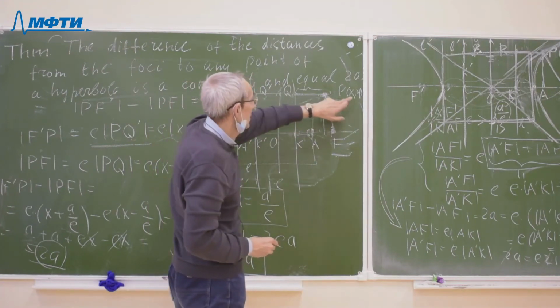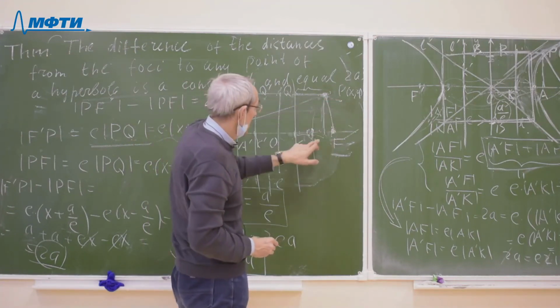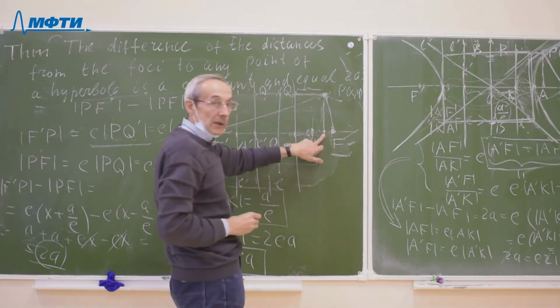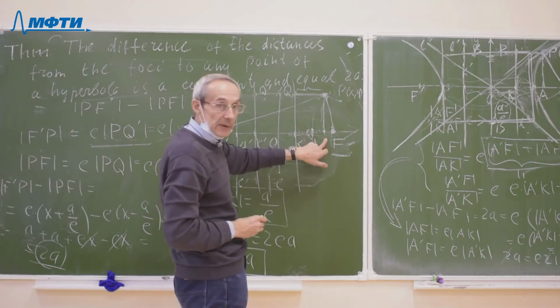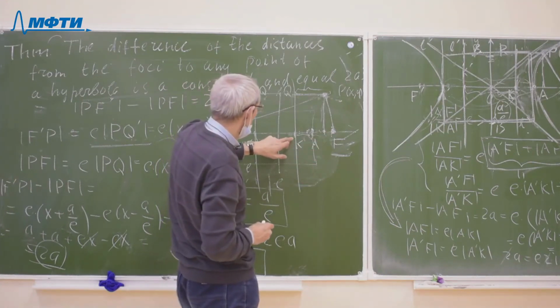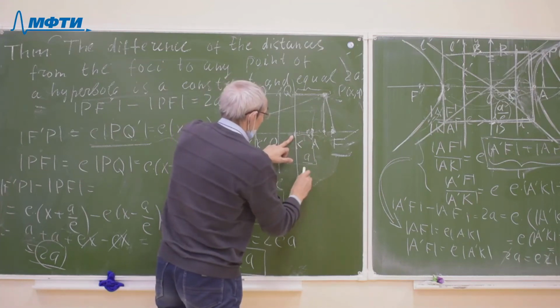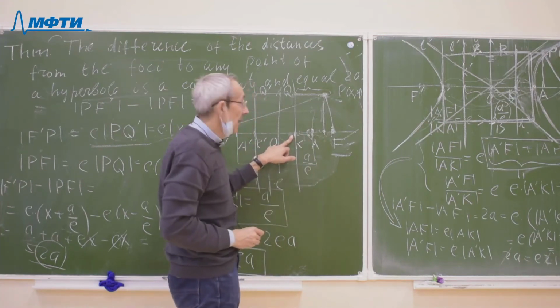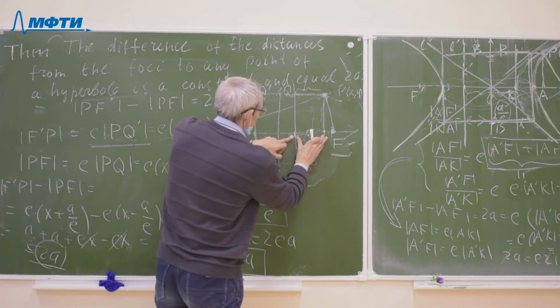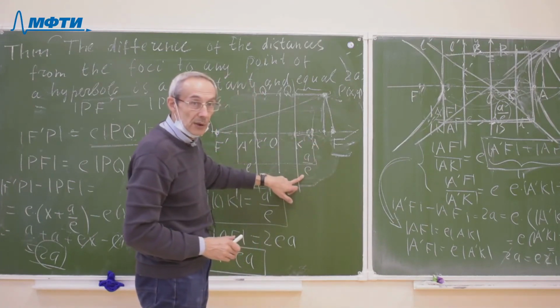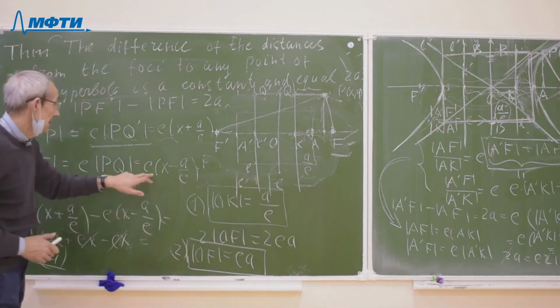P has coordinate x, and the point K has coordinate A over E, and this difference is equal to x minus A over E.